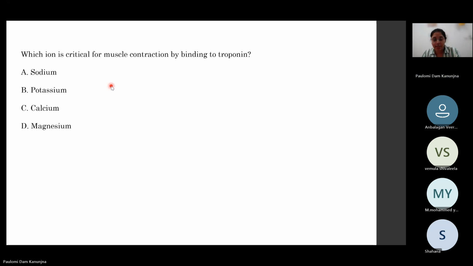Let me give you the answers because we are short on time. Calcium. We have seen this in one of the troponin questions as well, right? Remember troponin I, C, T that we discussed there.